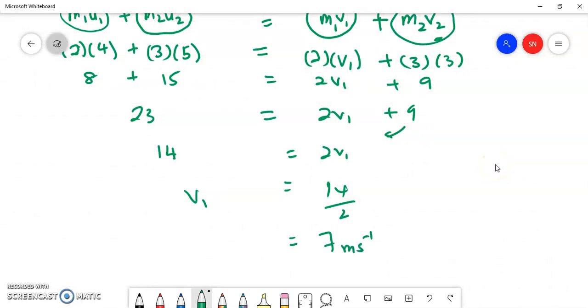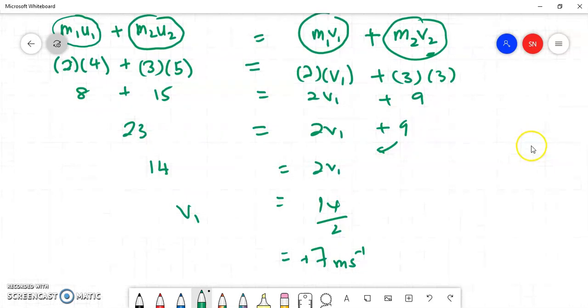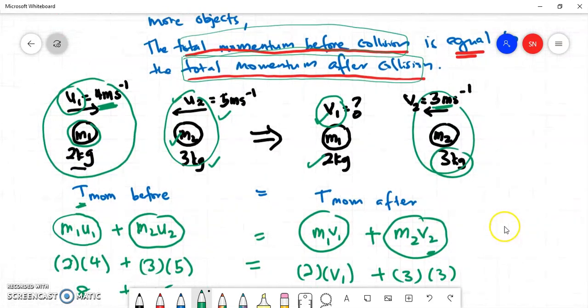Now the sign here turned out to be positive. If it's negative, when you calculate and shift, it will turn out negative. This positive means the object is moving forward. So V1 is actually 7 meters per second. That's what we found.